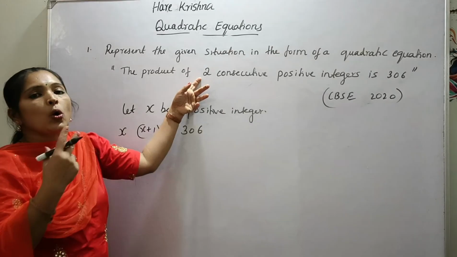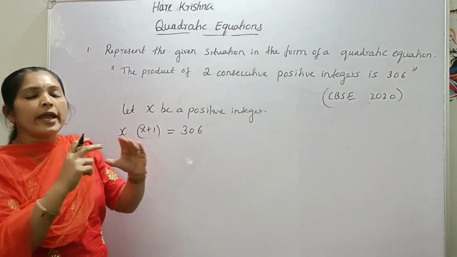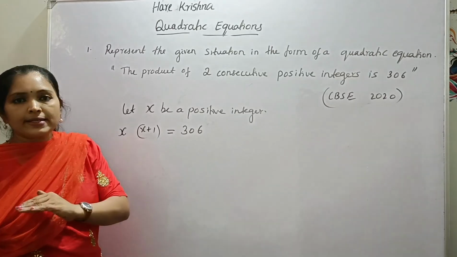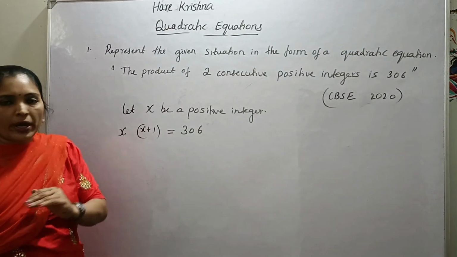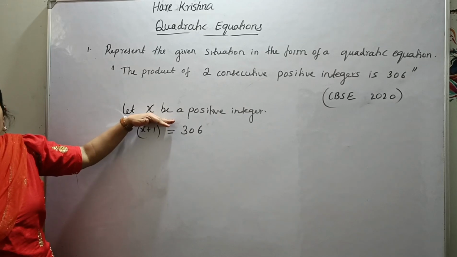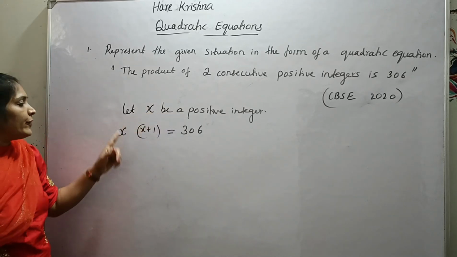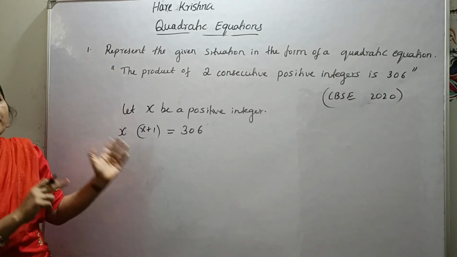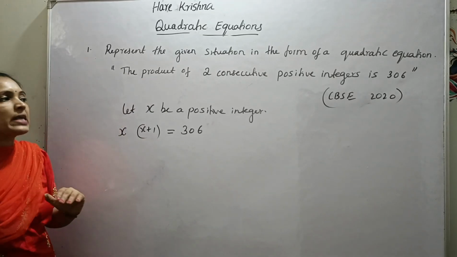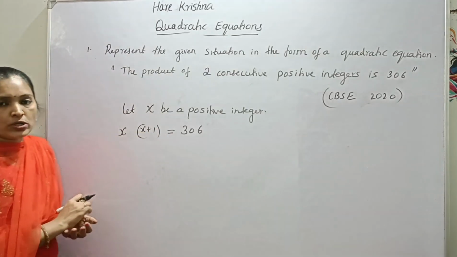If you take x plus 1, then the next integer is x plus 2. Therefore, and it is given the product of these positive integers is 306, that is x into x plus 1 is equal to 306.